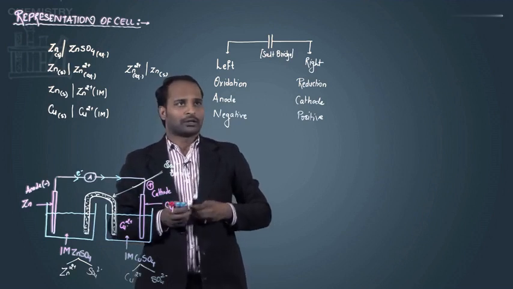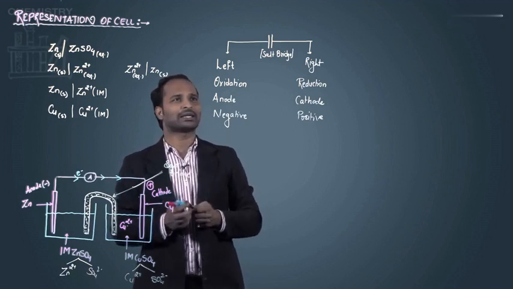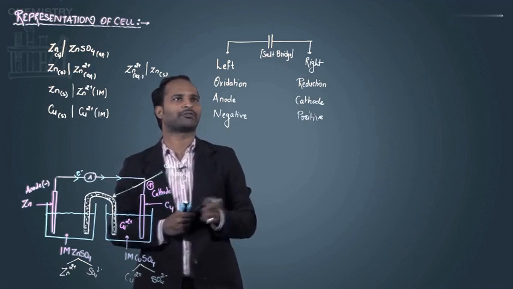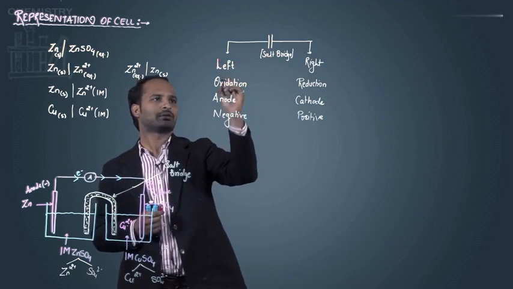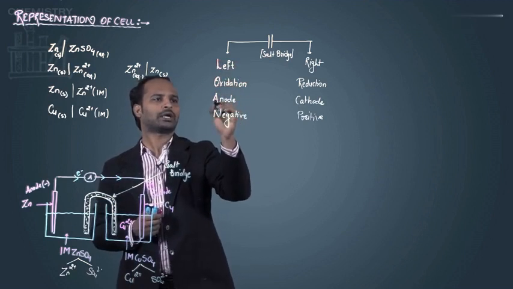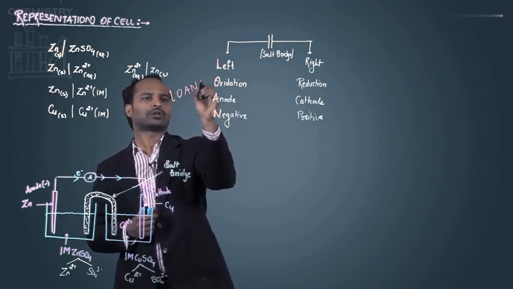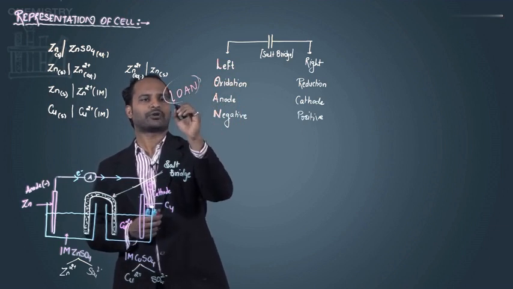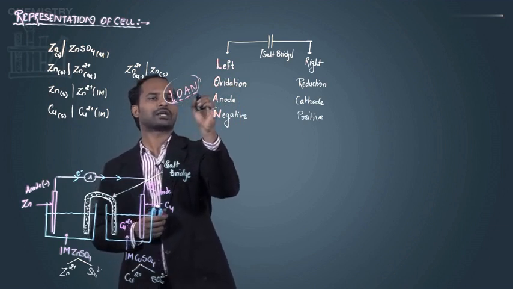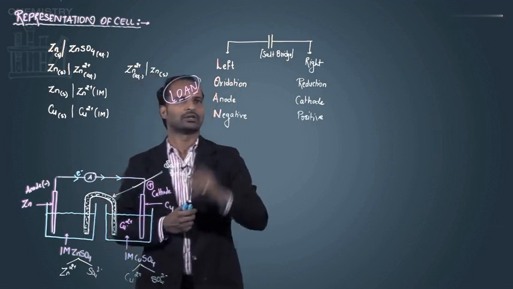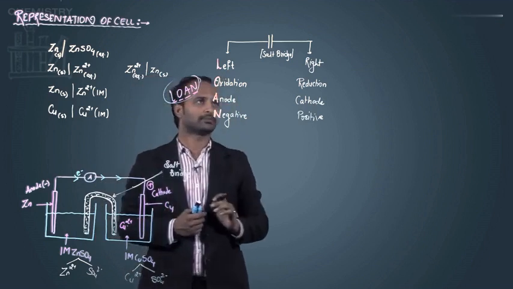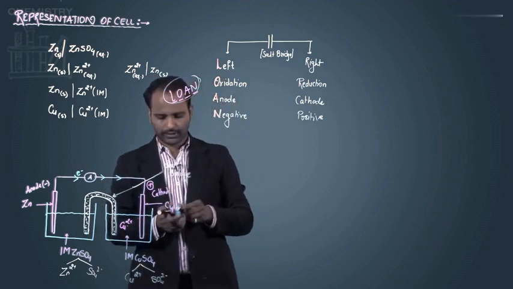Or simpler than this, the way of remembering is L, O, A, N, that is LOAN, lone. So all the things involved in this are written on the left hand side. So LOAN, lone. Okay.